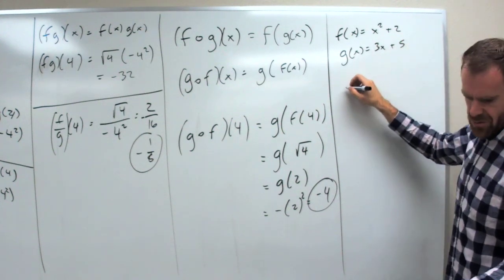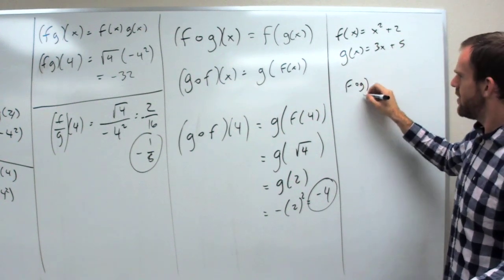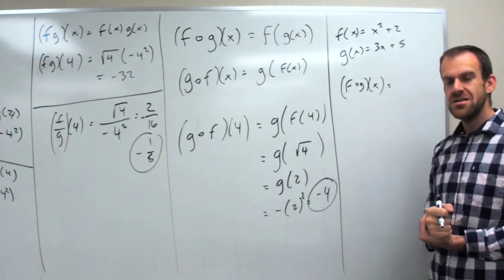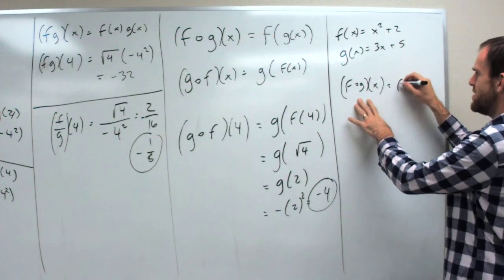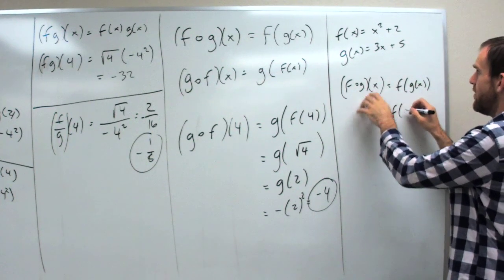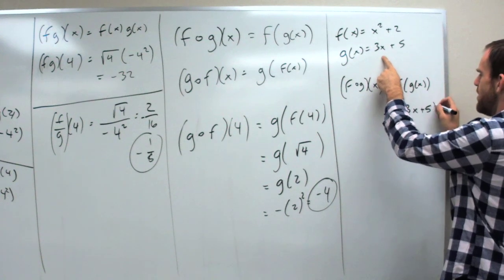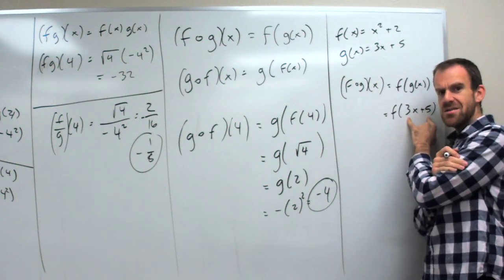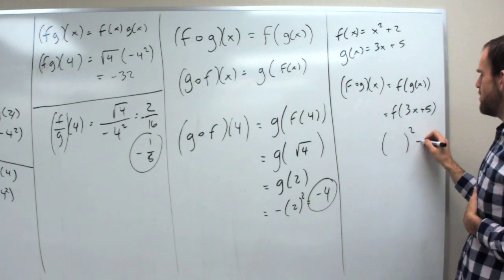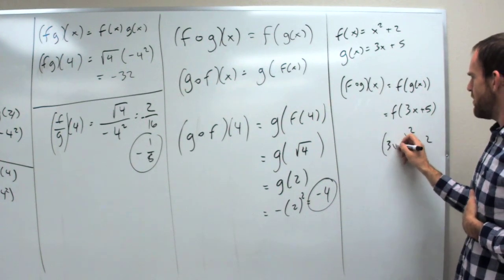And they want us to form f composite g of x. So what would f composite g of x be? Well, that's the same as f of g of x, or f of 3x plus 5. So what happens when I plug in 3x plus 5 to f? Well, f is x squared plus 2, and I'm going to plug in 3x plus 5.